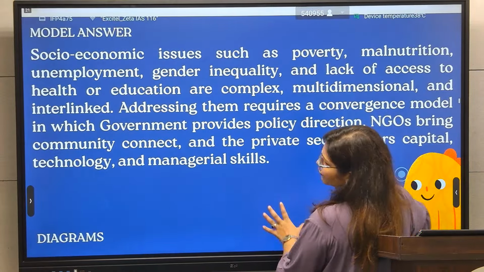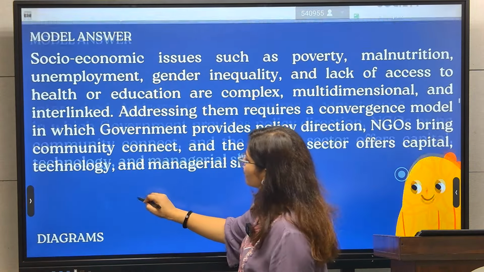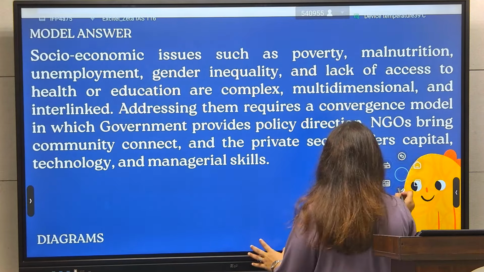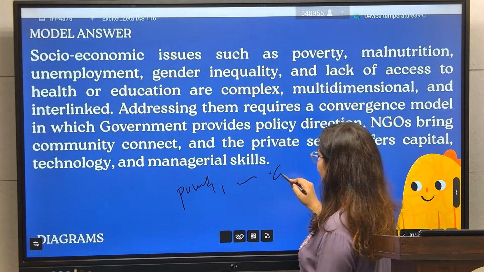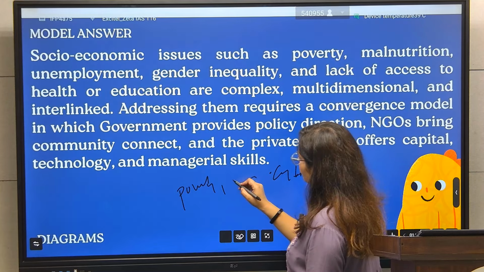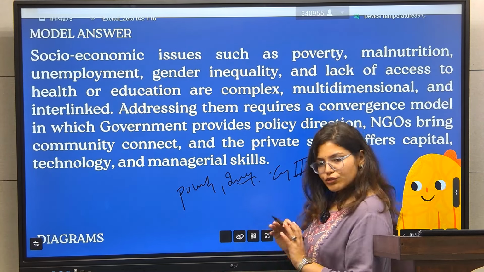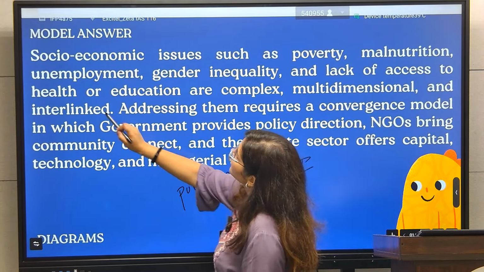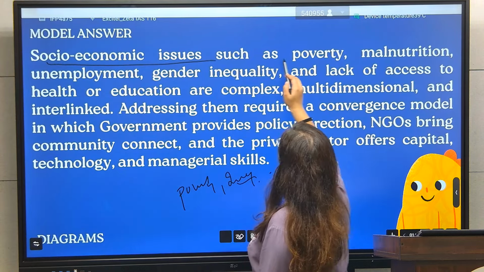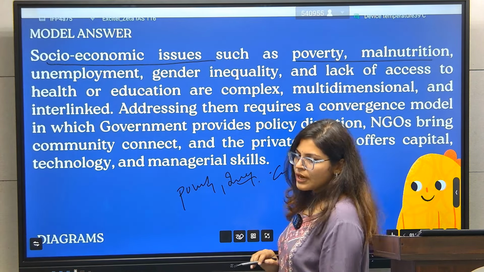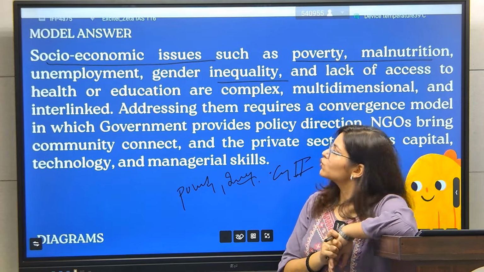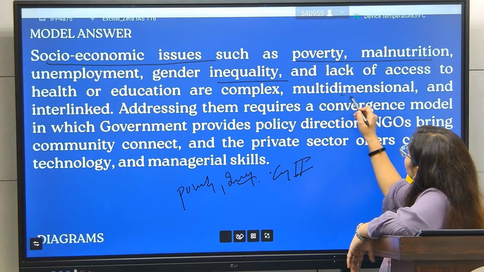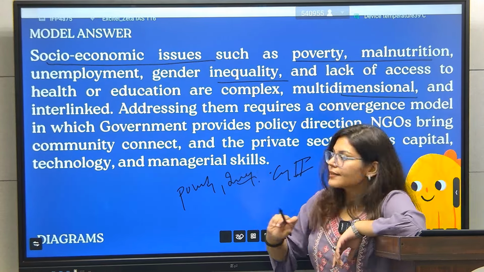Now, if you have data, write data on poverty in the introduction part. Poverty, inequality, that GII ranking. Or if you don't have the right data, then you will link socio-economic issues such as poverty, malnutrition, unemployment, gender equality, and lack of access to health or education are complex, multidimensional, and interlinked.